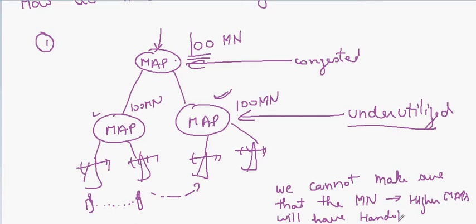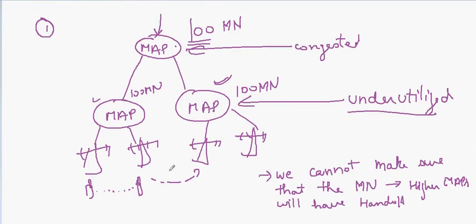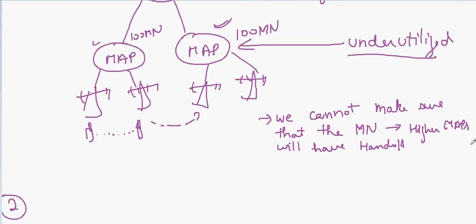They may not have a handoff. Then if they have no handoffs, they should have been somewhere down in the hierarchy. Why were they above in the hierarchy?